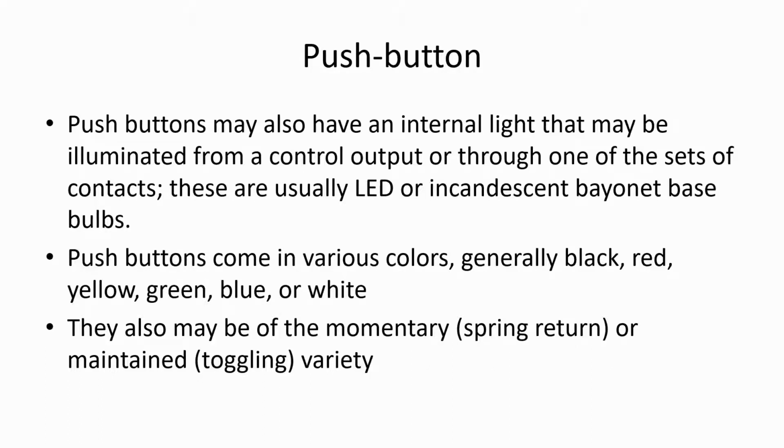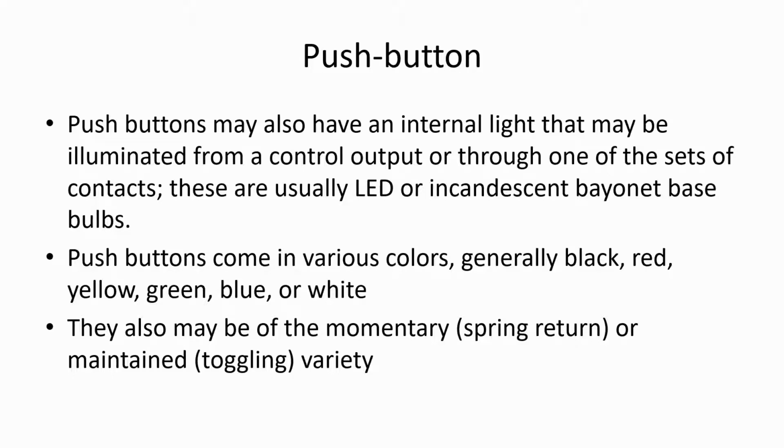Another type is the maintained or toggling type of push button. Here, when the user pushes the push button, the state of the contact changes, and after the user removes the finger, it maintains the same state.